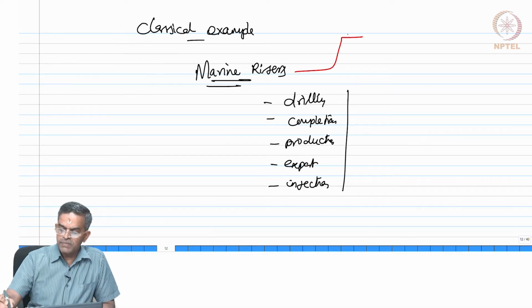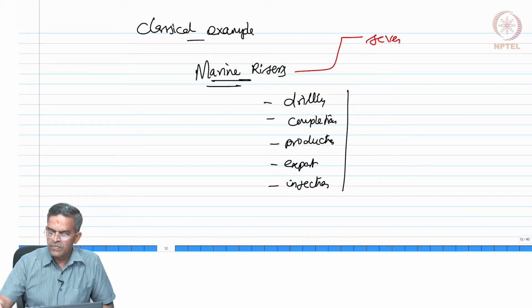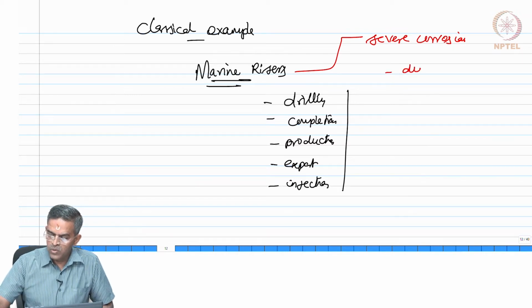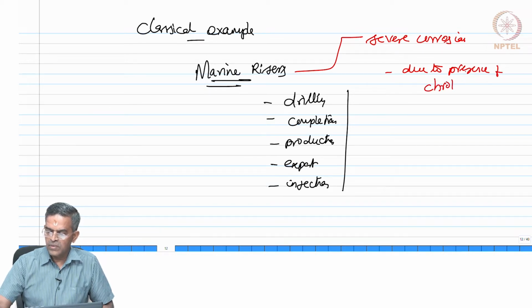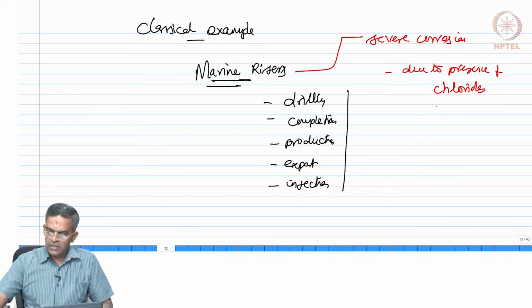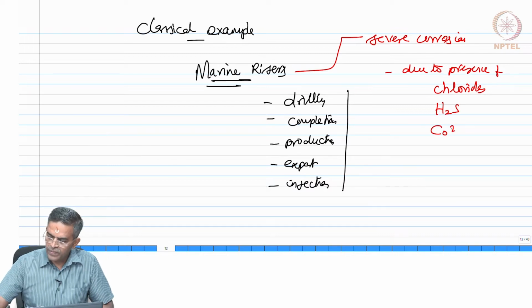These risers are subjected to severe corrosion. Why? Because of the presence of chlorides, hydrogen sulfide and carbon dioxide.